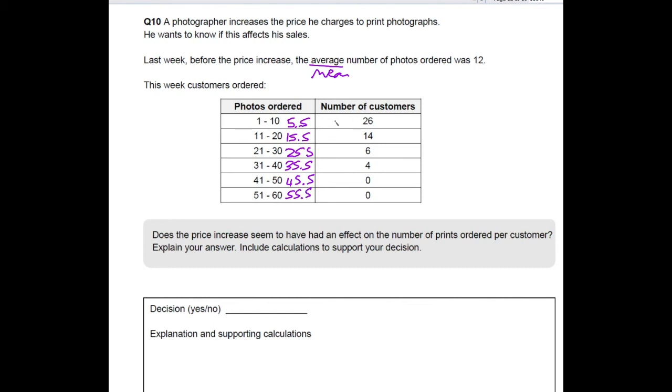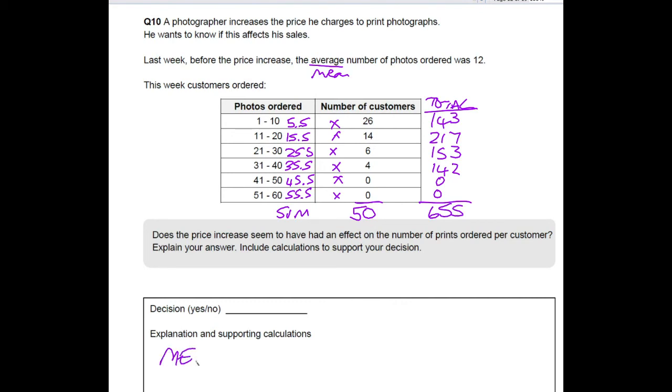So to calculate the total number of customers, we need to multiply our midpoint by the number of customers and create a total in this area to the right. And now we need the sum of our customers and the sum of their photos ordered. So there were 50 customers and 655 photos ordered by those customers.